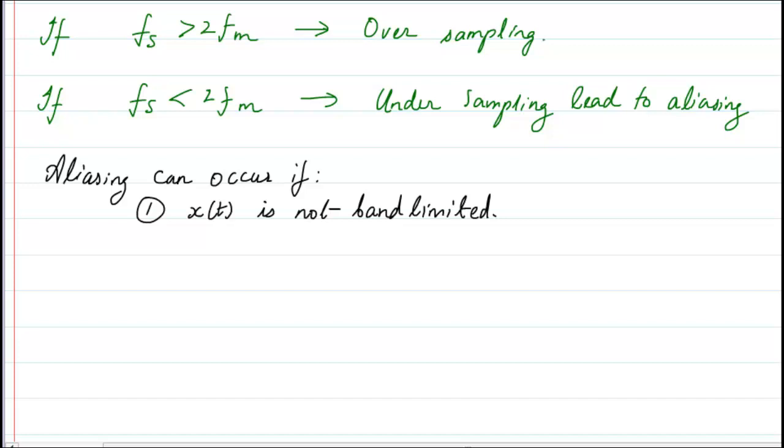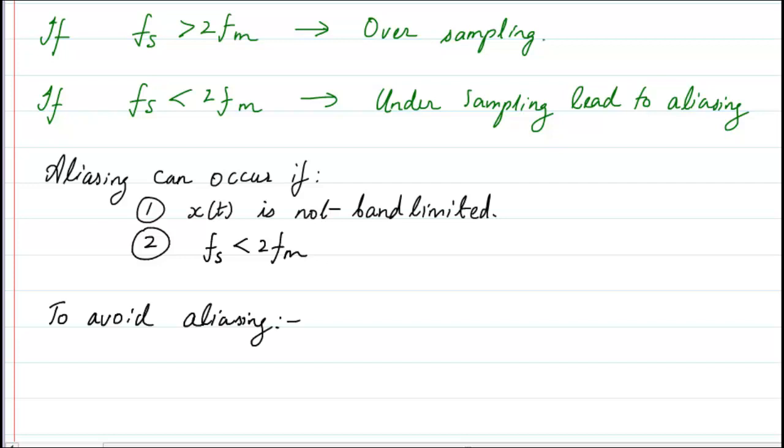The second reason why aliasing can occur is if Fs is less than 2 Fm. So these are the two reasons why aliasing can occur. And to avoid aliasing, we can write the next and last part.